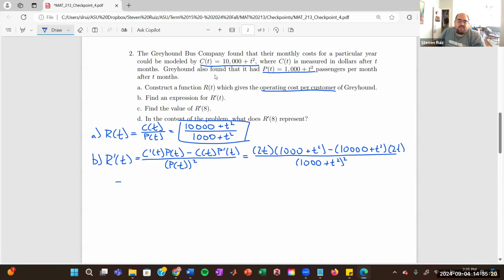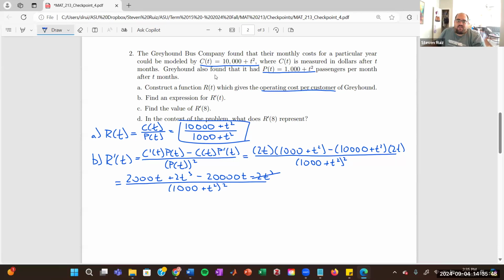Let's simplify a little bit. This comes out to be 2,000 T plus 2t cubed minus 20,000 T minus 2t cubed, all over, and I am not going to expand this. I think it's going to be simpler if I just leave it like this.